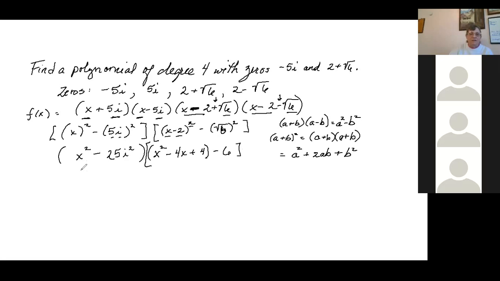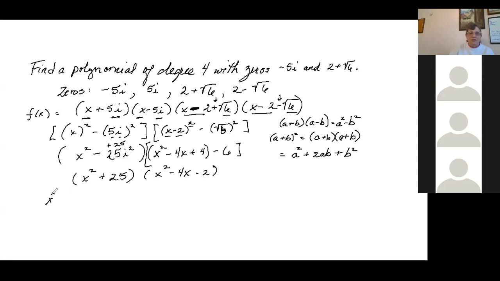So this is x squared plus 25, minus 25i squared is the same thing as plus 25. Here we have x squared minus 4x. Positive 4 minus 6 would be minus 2. And then to multiply all this out, I'm doing x squared times these 3, plus 25 times these 3.